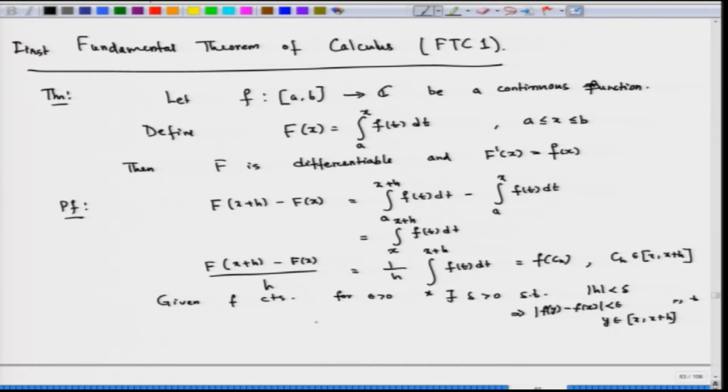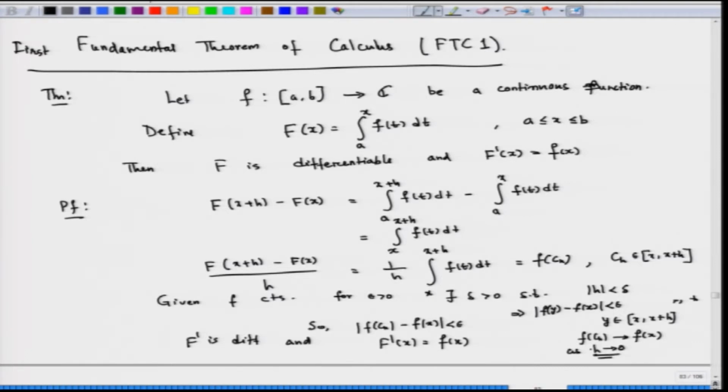Therefore, mod of f of c_h minus f of x is less than epsilon. Therefore, by the definition of the derivative, F is differentiable and F prime of x is equal to f of x, as here you can see that f of c_h goes to f of x as h goes to 0.